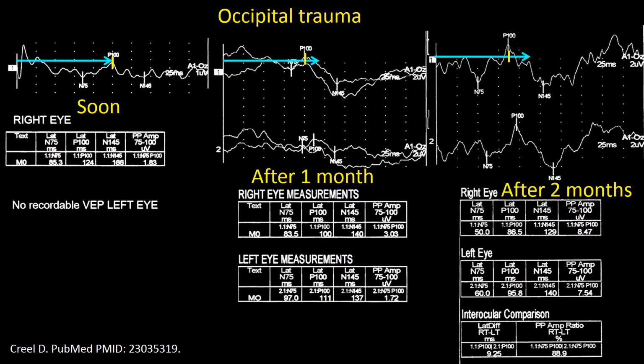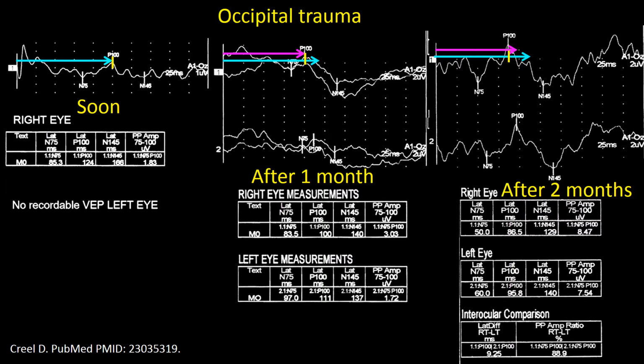The aqua arrow I have just introduced compares the P100 latency of the right eye soon after trauma, at 1 month and at 2 months after the trauma. Notice the position of the vertical yellow line in relation to the arrow. The yellow line indicates the P100.